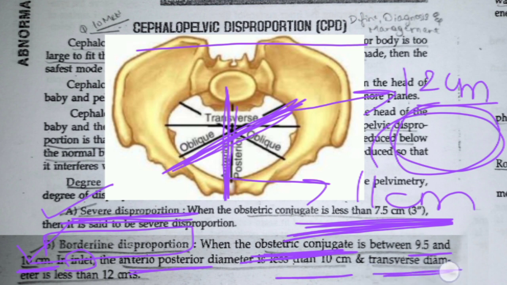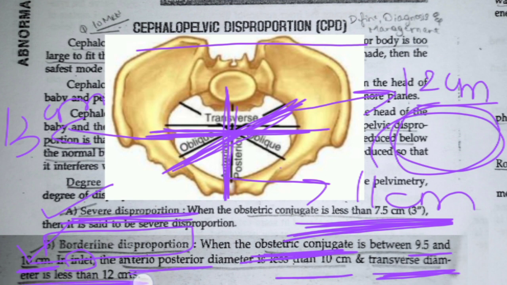The inlet transverse diameter is generally 13 centimeters, but here it is less than 12 centimeters. Almost 1 or 2 centimeters less in the borderline disproportion. These are the 2 degrees seen in cephalopelvic disproportion.